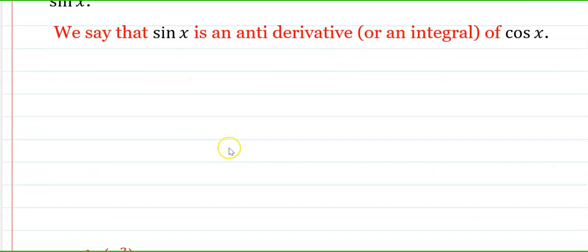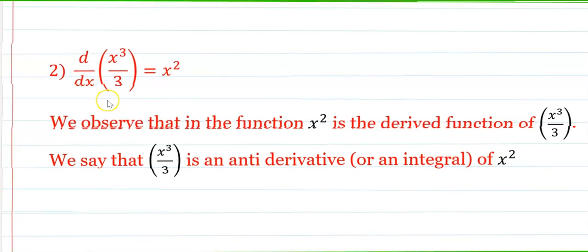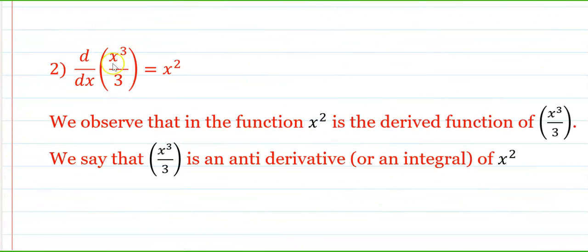Now the next example, d/dx of x cube upon 3 is equal to x square. Suppose we want to find the integral of x square. Then I will ask the question, which is the function whose derivative is x square? Then x cube upon 3 is the function whose derivative is x square, and that's why the integral of x square is x cube upon 3.